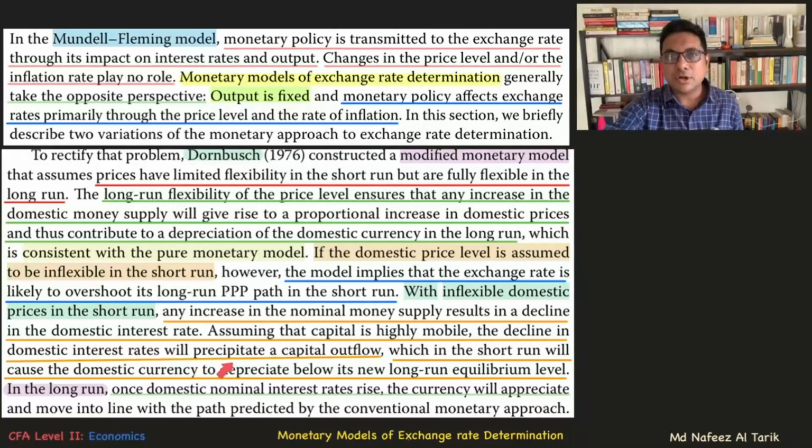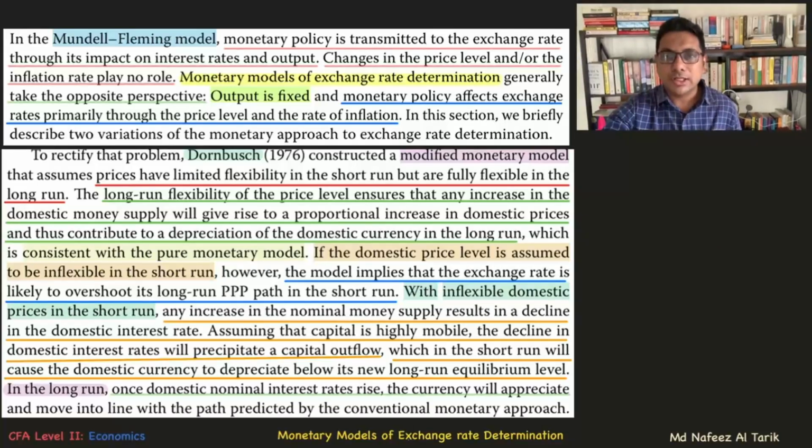The decline in the domestic interest rate will precipitate a capital outflow, and due to that capital outflow in the short run, the currency will depreciate more than described under the pure monetary model.